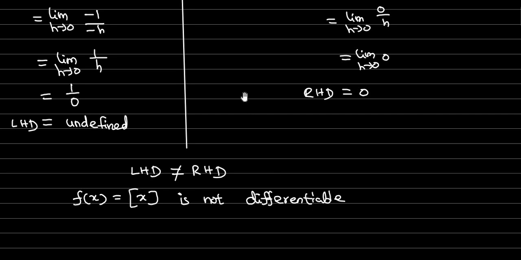What point did we test here? 2, no? Not differentiable at x equal to 2. In the question they are asking us to prove that the greater integer function is not differentiable at x equal to 1 as well as x equal to 2. So we proved it for both points. That's all for this sum. Hence proved.